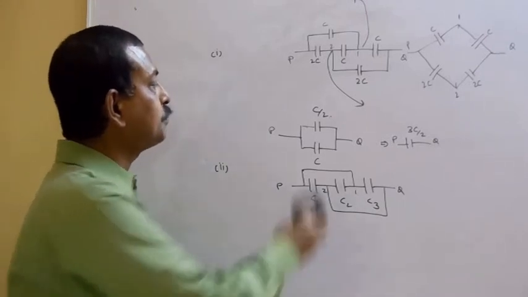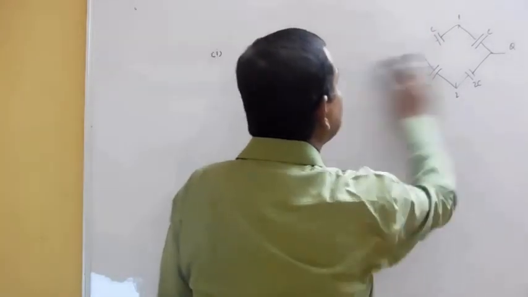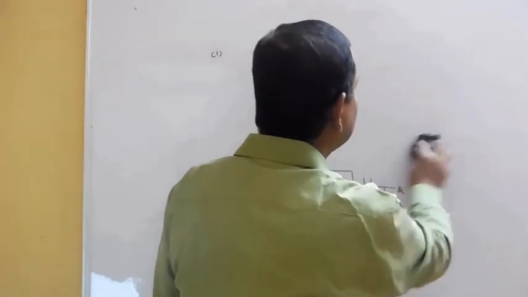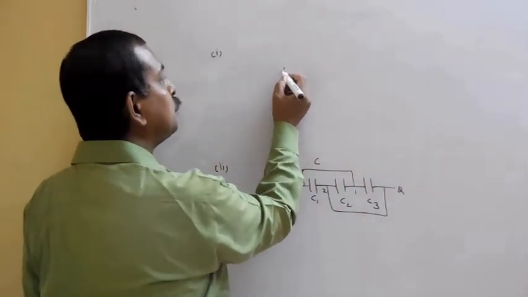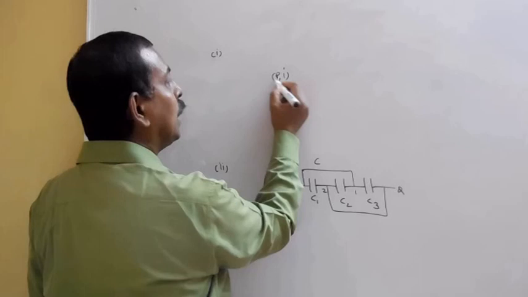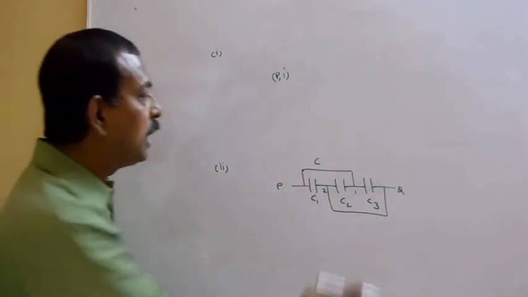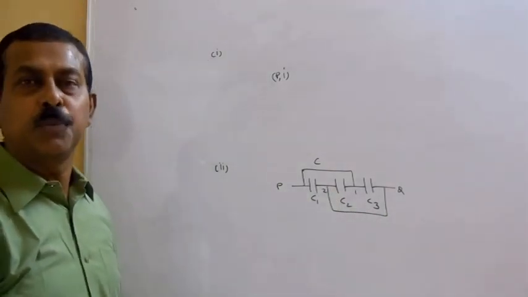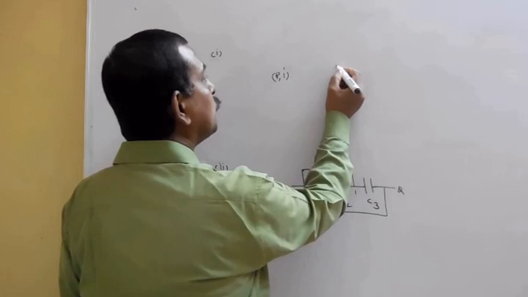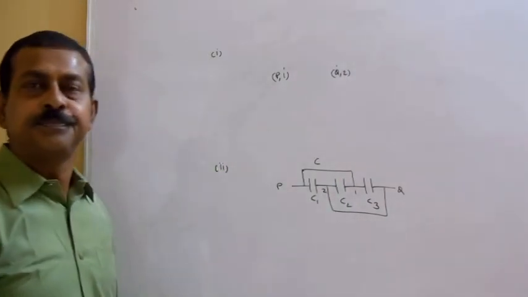So we redraw this by representing points of the same potential at the same point. If I have point P here and 1, I can represent it as one point. Similarly, Q and 2 will also be at the same potential, so Q and 2 are at the same point.